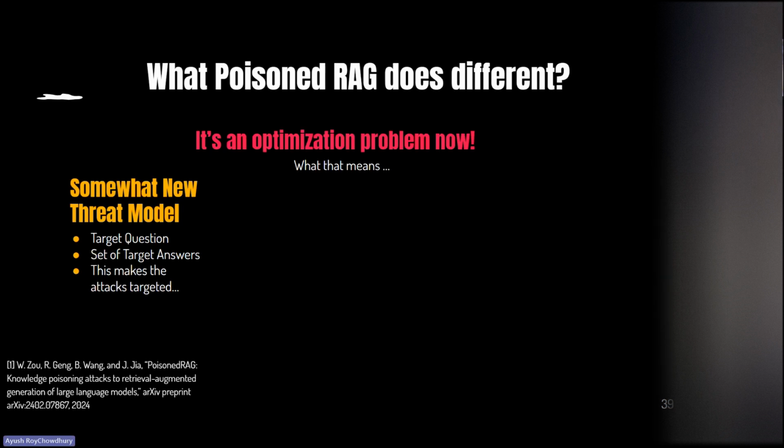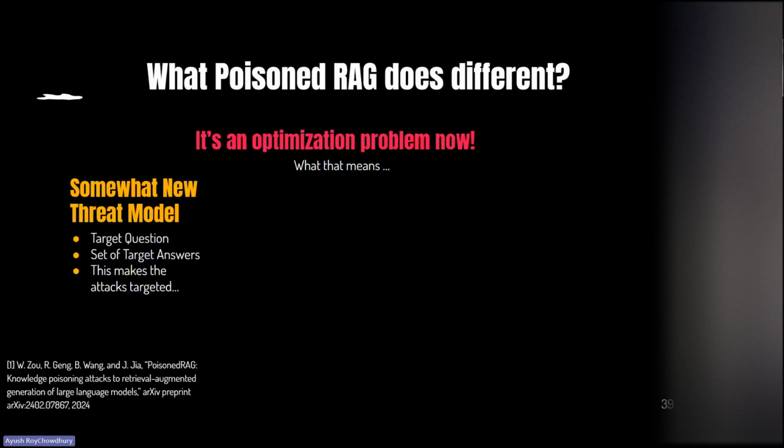So earlier on, I talked about a paper called PoisonedRAG. This paper was presented at USENIX, and the threat model that we have presented to you thus far, this paper actually twists a little bit. It's somewhat new, but the concept itself is pretty similar. So the threat model we presented was the indirect prompt injection threat model.